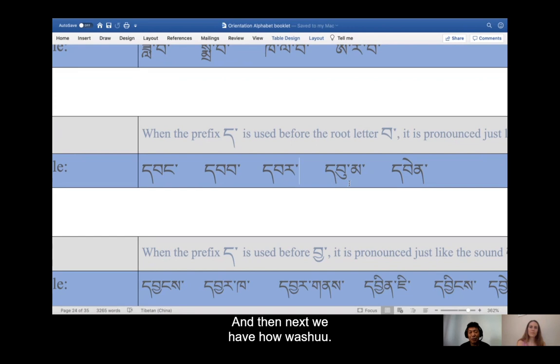And then next we have ta, wa, xiapju, wu, ma, uma. We just keep our lips a little bit round and then push the air. Uma, uma, and then produce the sound from here.